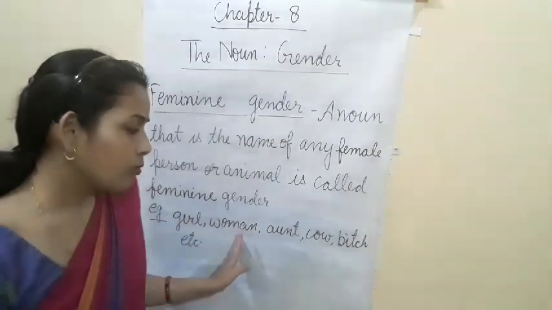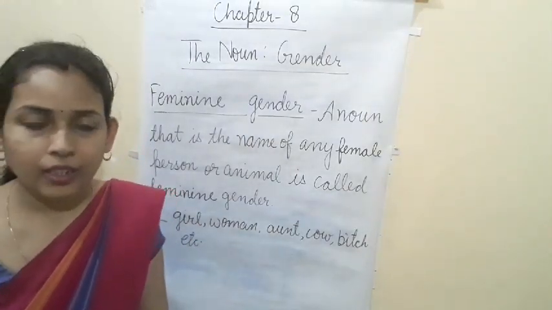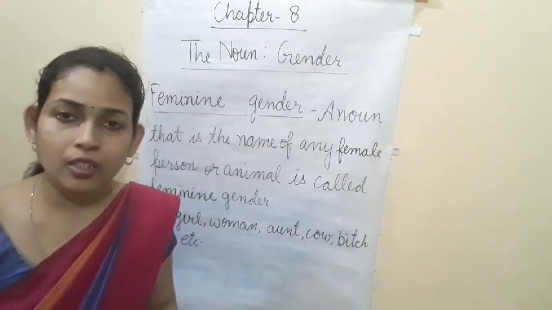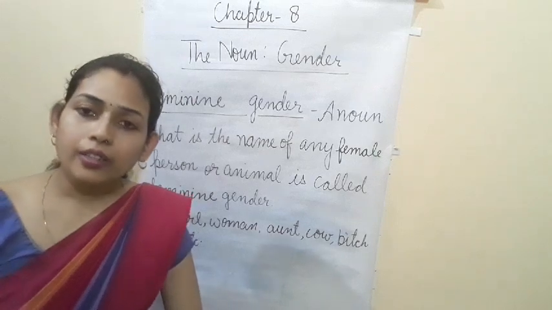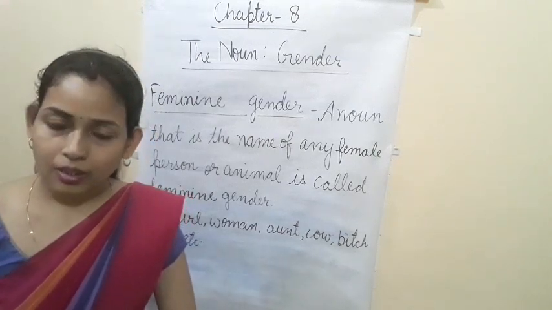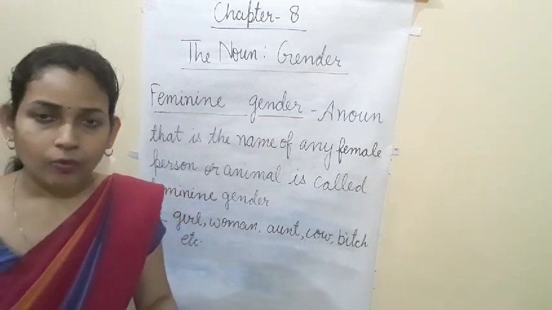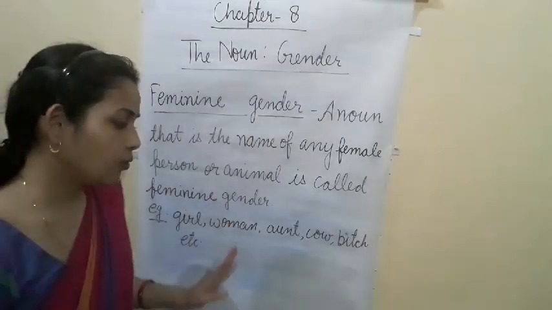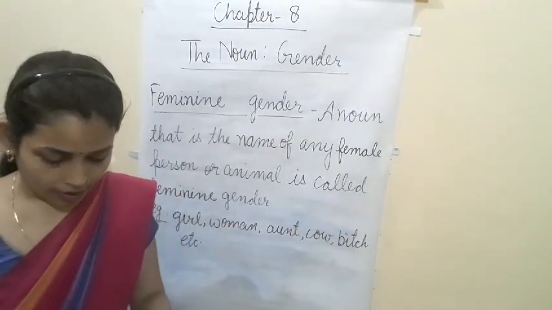Examples: girl, woman, aunt, cow, witch, etc. Many examples. It means feminine gender refers to the female person or female animals, for example girl, woman, aunt, cow, bitch, and many more.